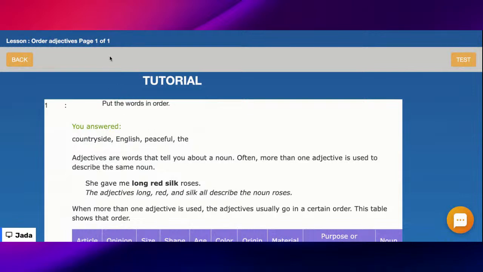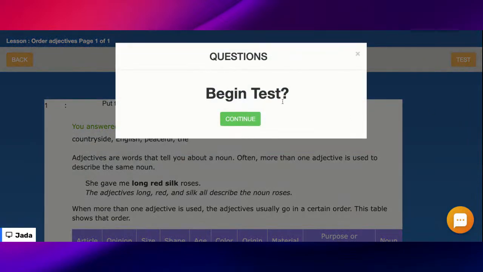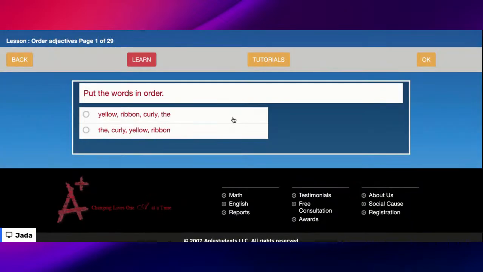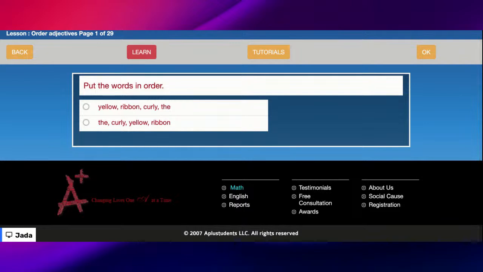Do you have any question before we move on to the test? No. Okay. All right. So put the words in order. Send in your answers for this. Let us interact, everybody.